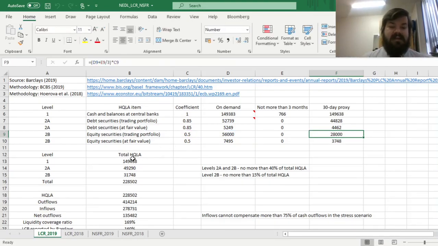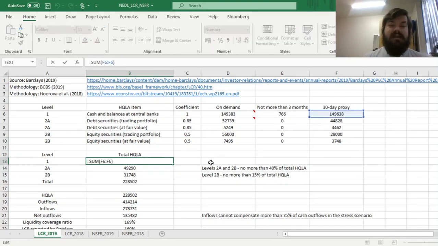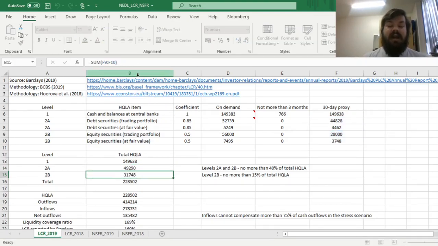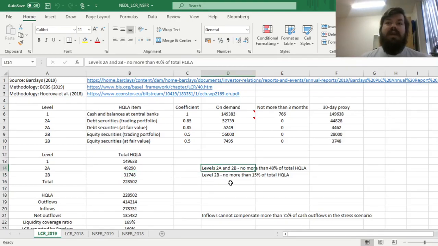And then we can sum the total high quality liquid assets, our HQLA proxy, from level 1, level 2A, and level 2B. And here we need to account for the Basel restrictions on the composition of high quality liquid assets, namely that only 40% of your high quality liquid asset stock can be comprised of level 2 assets, both level 2A and level 2B, no more than 40% of the total stock.